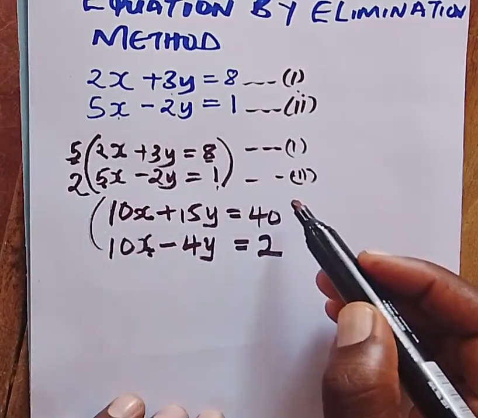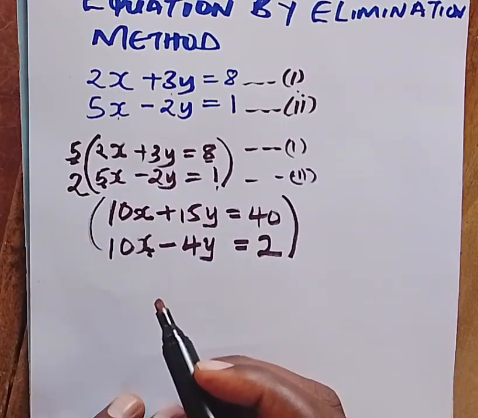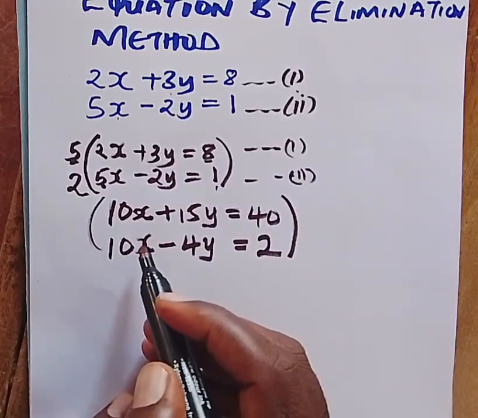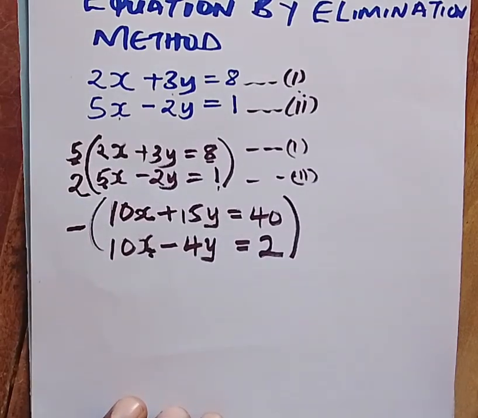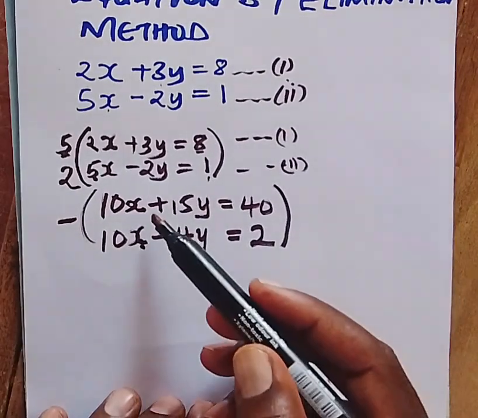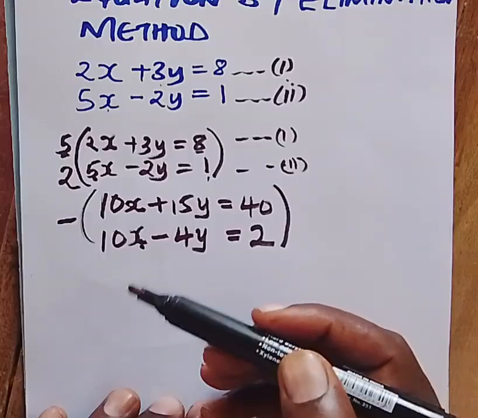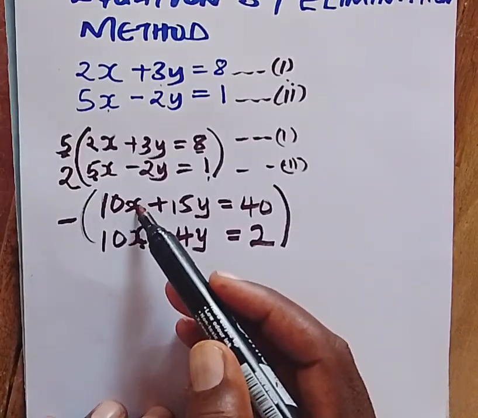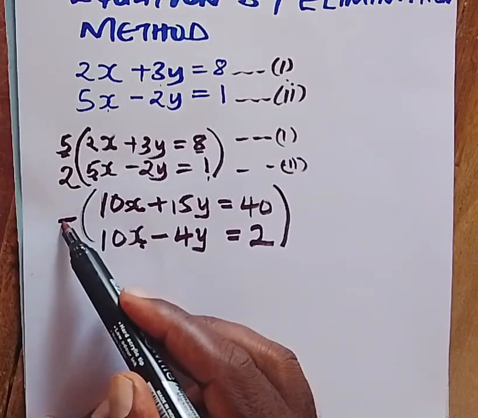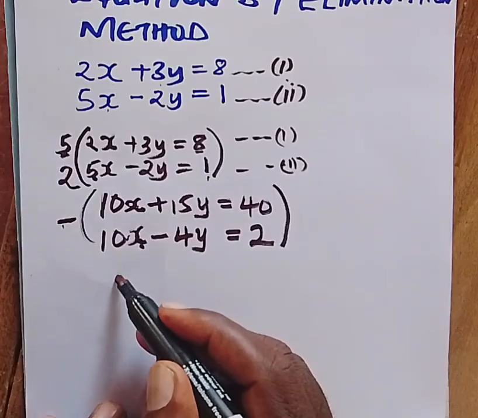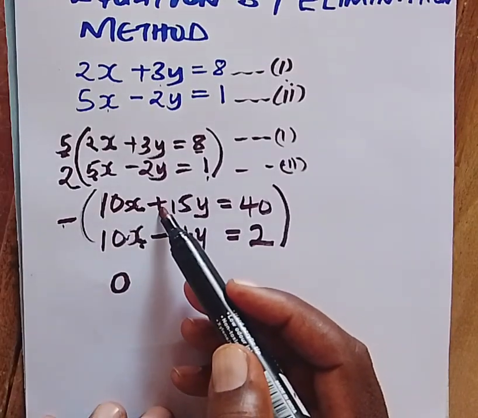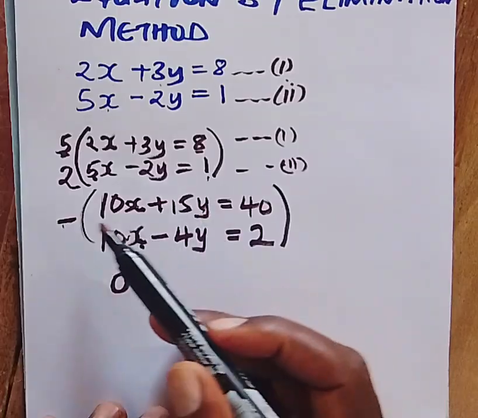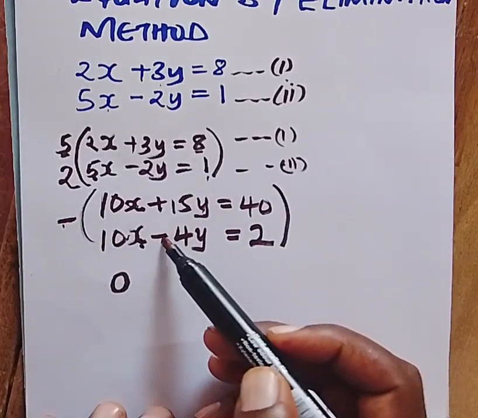So the operation that I choose for the two equations so that I can eliminate x becomes subtraction. So 10x minus 10x, I get 0. Then 15y minus 4y.